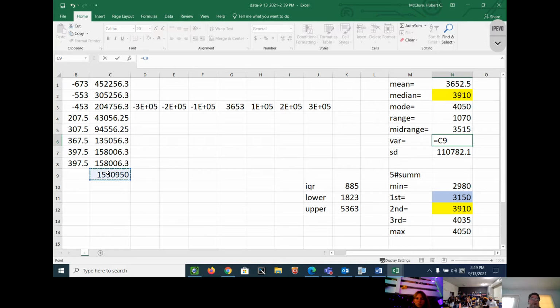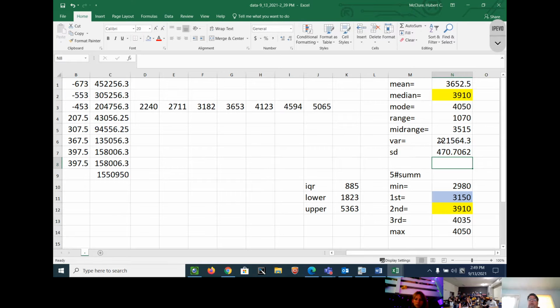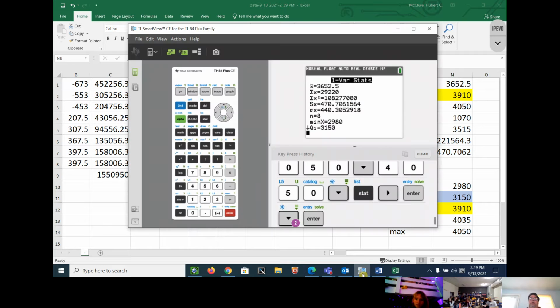Equals this number divided by 7. And then that number is this number raised to the 0.5 power. That looks better. Let's see, what was standard deviation? 470. I thought it was kind of high.